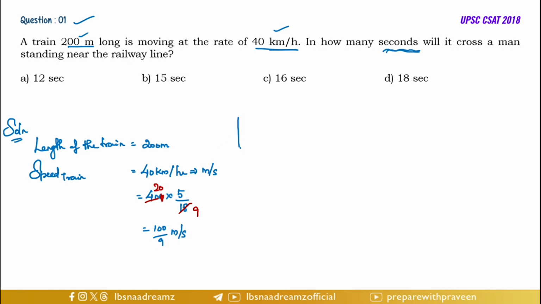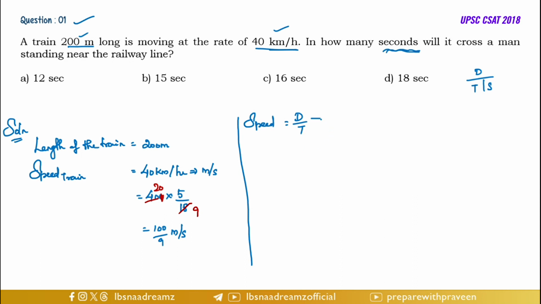So to find the time taken, speed is equal to distance by time, right?